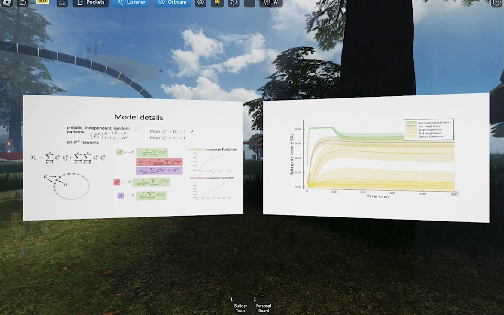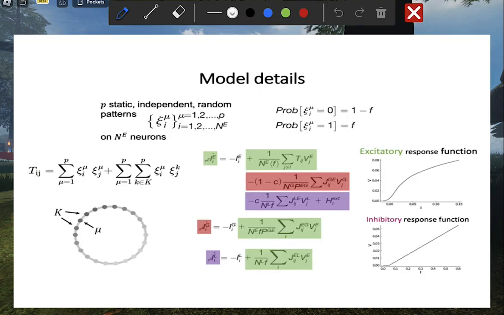So on the left side is basically a small description of the model. We start off with some static independent random patterns. So Xi is the typical symbol we use here, and i is notating the different excitatory neurons, and mu is indicating the different pattern number.